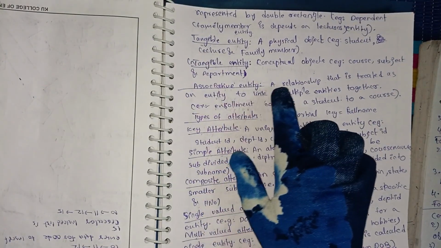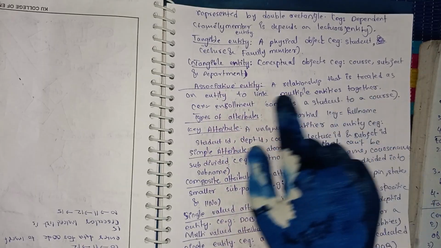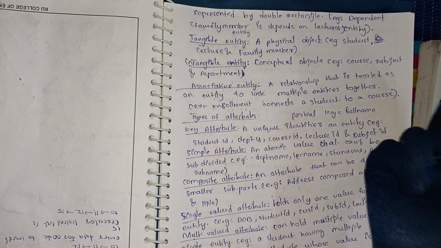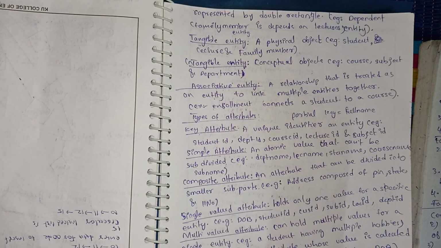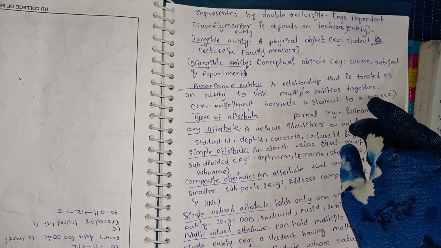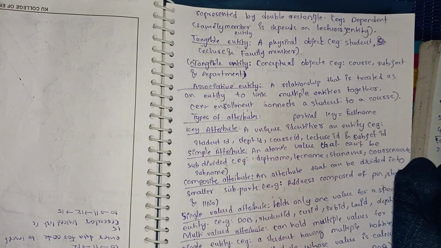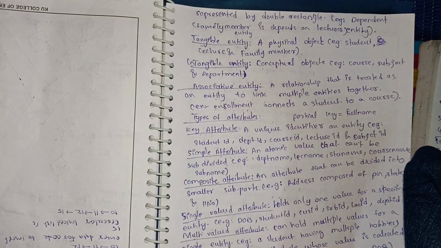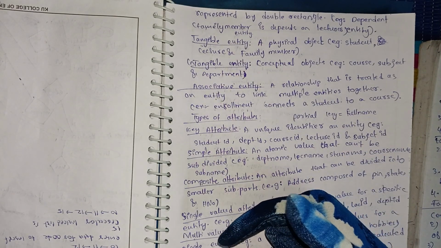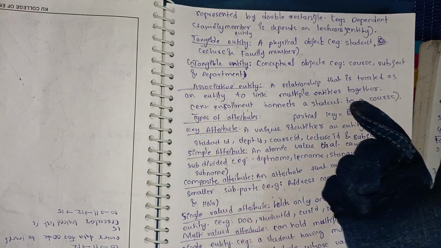And then associative entity: a relationship that is treated as an entity to link multiple entities together. What's the difference between relationship and associative entity? The association between entities is called a relationship, and an associative entity holds the relationship between two entities, and it holds its own attributes.